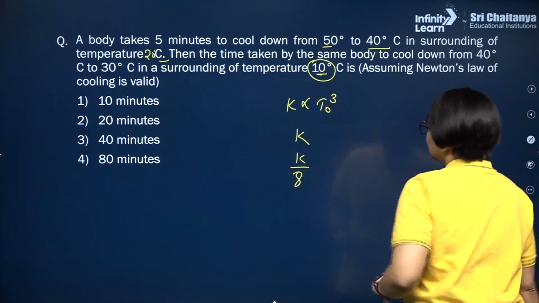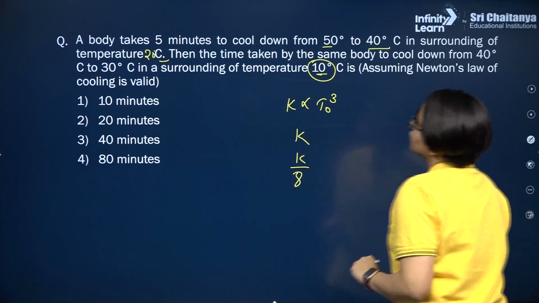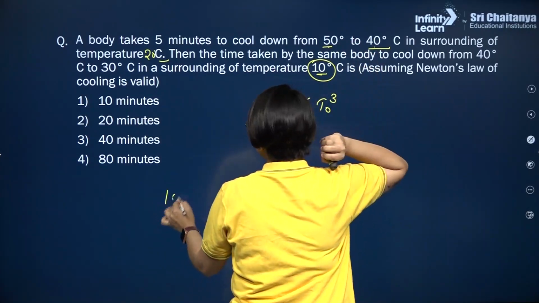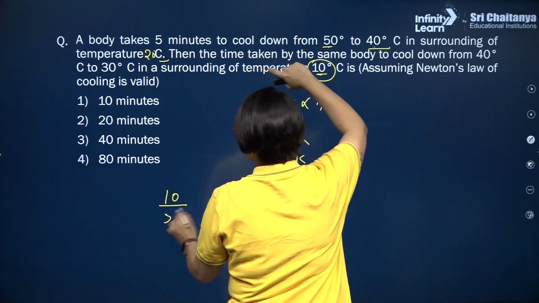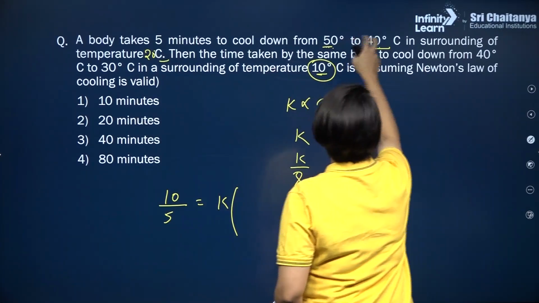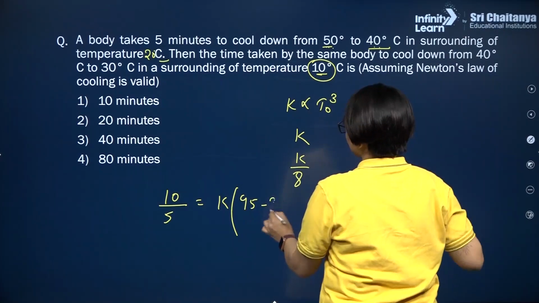T naught is the surrounding temperature. In the first case, applying Newton's law of cooling: (T2 minus T1) that is 50 minus 40, 10, divided by time taken 5, is equal to K times ((T1 plus T2) by 2, that is 50 plus 40 by 2, 45, minus T naught which is 20).